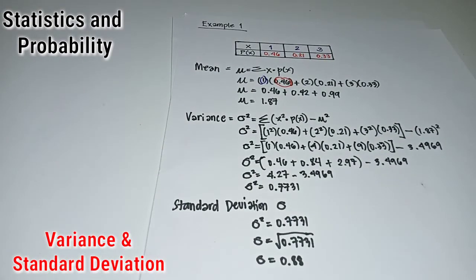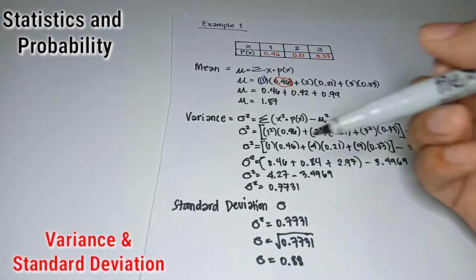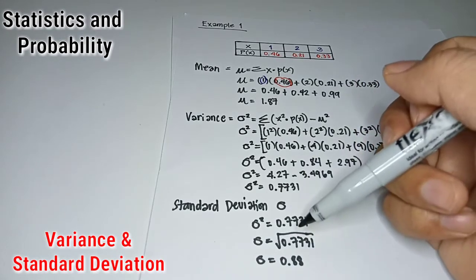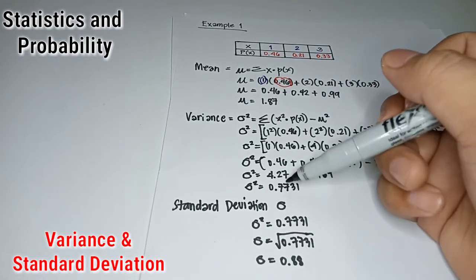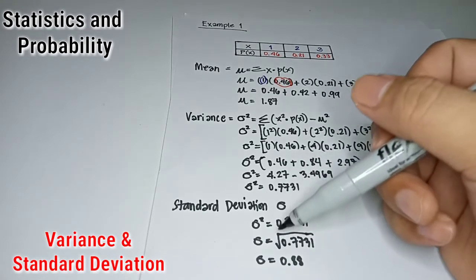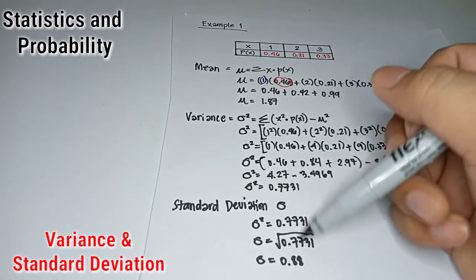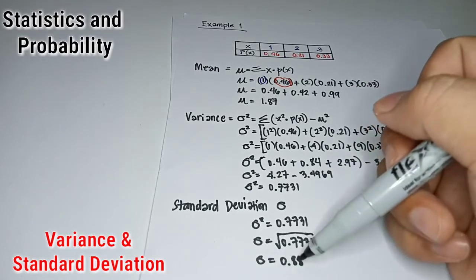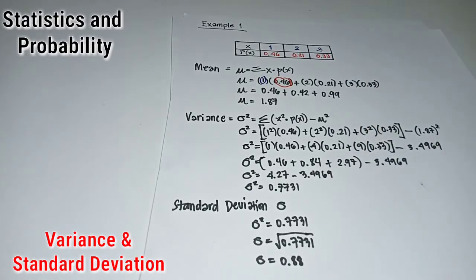Our variance is 0.7731 and our mean is 1.87. So again, to find standard deviation, you just need to take the square root of your variance. That is square root of 0.7731. Calculator will give you 0.88. So that's example number 1.